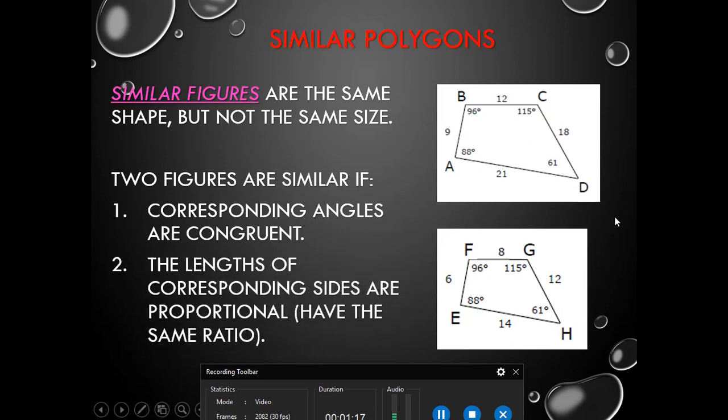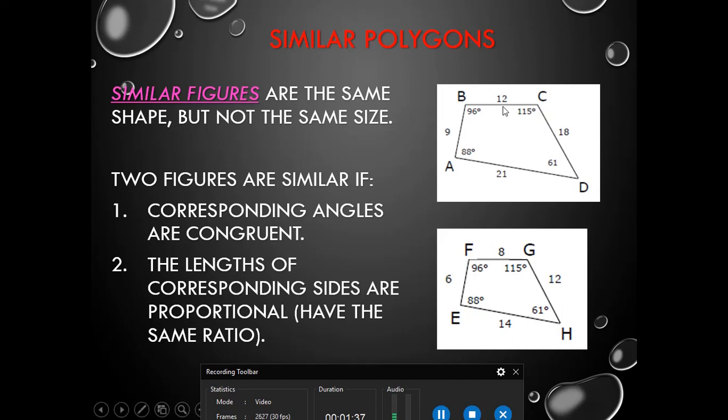The second characteristic is that the lengths of the sides are in proportion. That means they have the same ratio as you compare them. So if I look at comparing side AB, which is 9 to 6, that will reduce to a ratio of 3 to 2. That ratio has to be the same on all sets of corresponding sides.